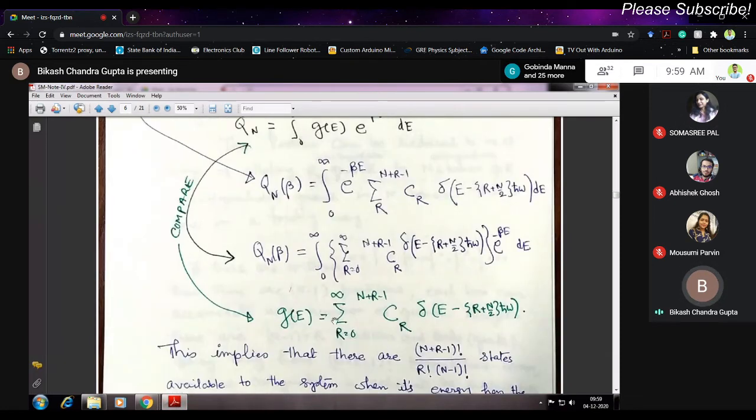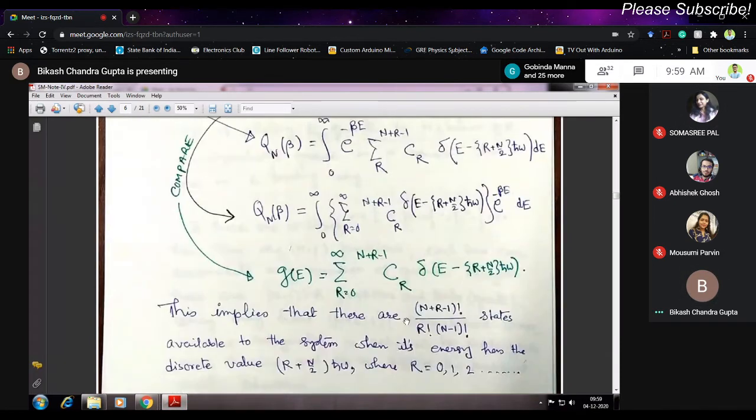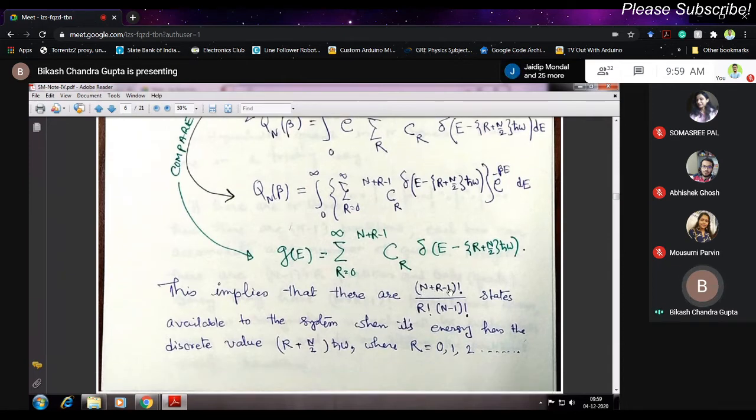And therefore the density of states is like this. So what does this imply? This implies that there are (n plus r minus 1) factorial by r factorial (n minus 1) factorial states, because if there are r quanta in the system, you have n harmonic oscillators.